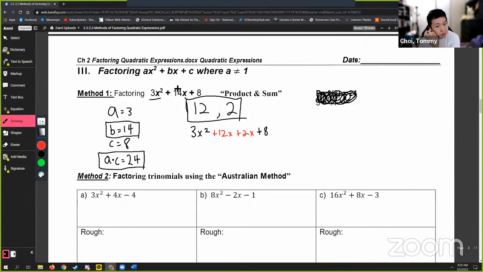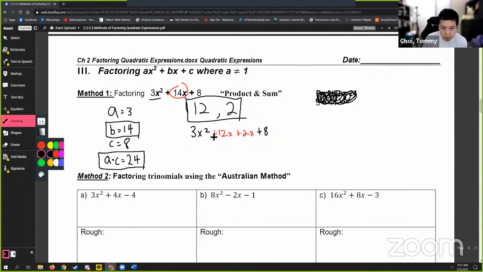Notice how I've changed the 14x into 12x plus 2x. I've taken my two numbers and split it up like this. So 3x squared plus 12x plus 2x plus 8.